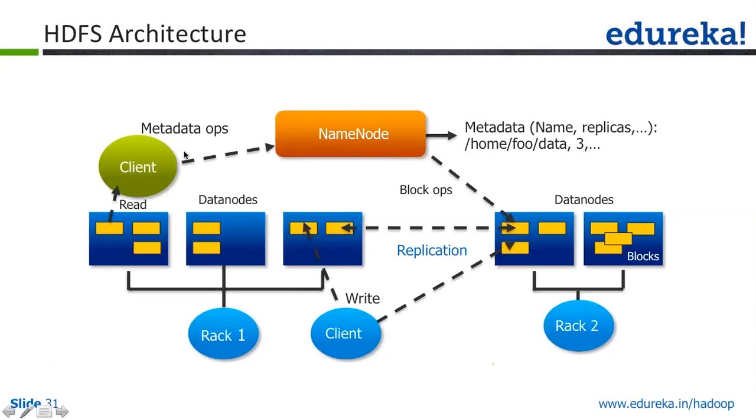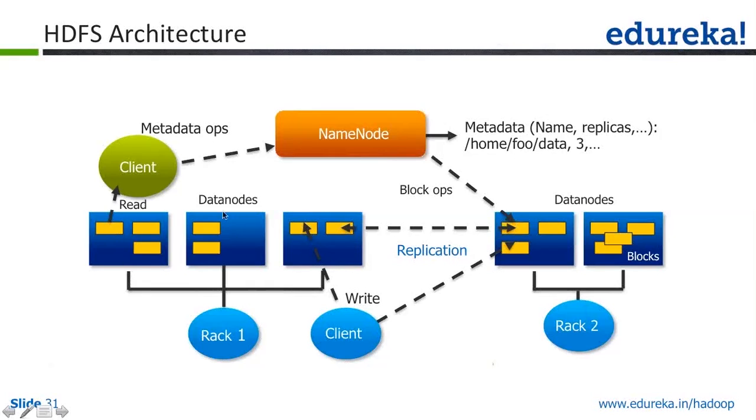The name node will give me that information, and then I'll go ahead and read that data from the data node or write that data into it. This client and this client are the same; this is just for representation purposes. I'll also be going into the details of how a read and write happens. For now, you can understand from this architecture that there's a name node, and there will be multiple racks on which the data nodes will be there.